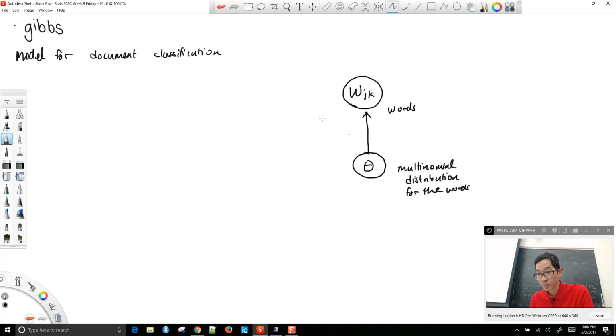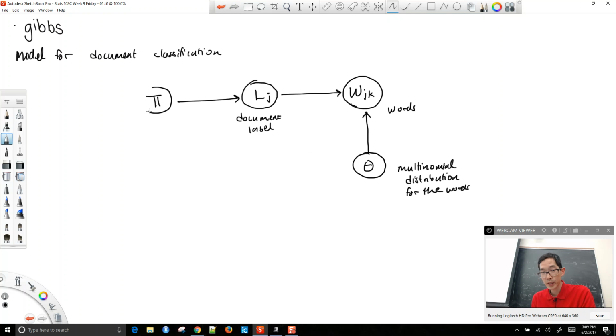Which theta we use depends on the label, the label of the document. And the label itself is based on a coin flip.